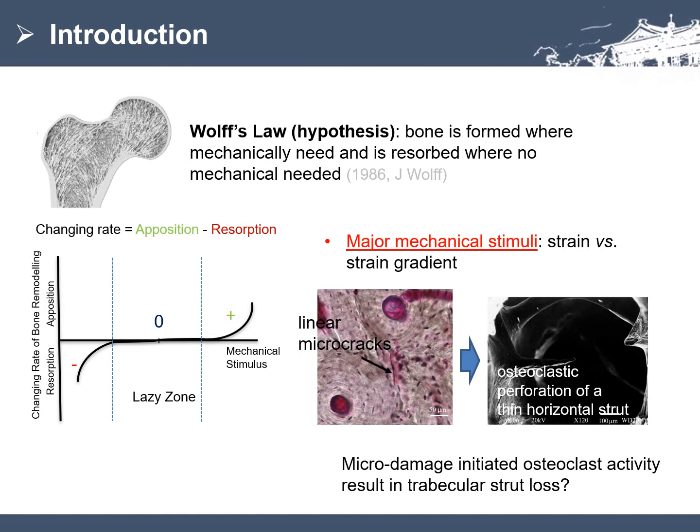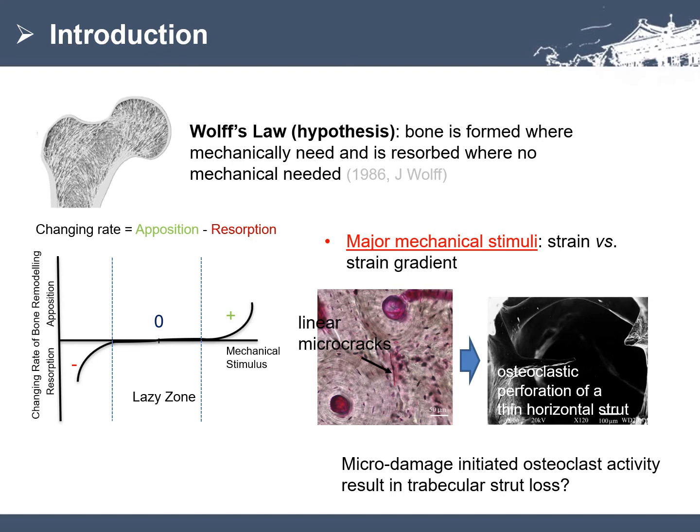The first hypothesis is described by Wolff's law. It says the bone is formed where there is mechanical need and is resorbed where there is no mechanical need. Later on, mathematical models or algorithms tried to describe this process.